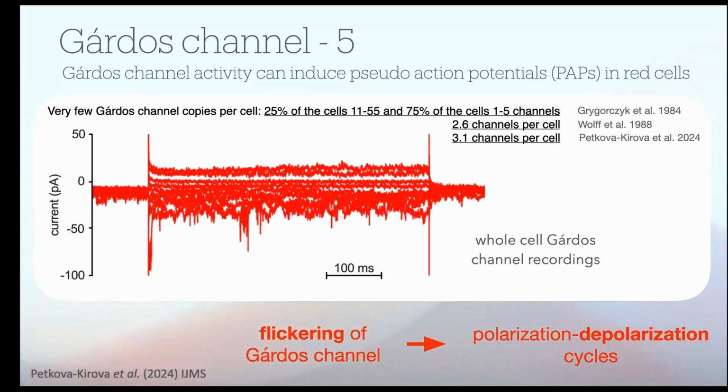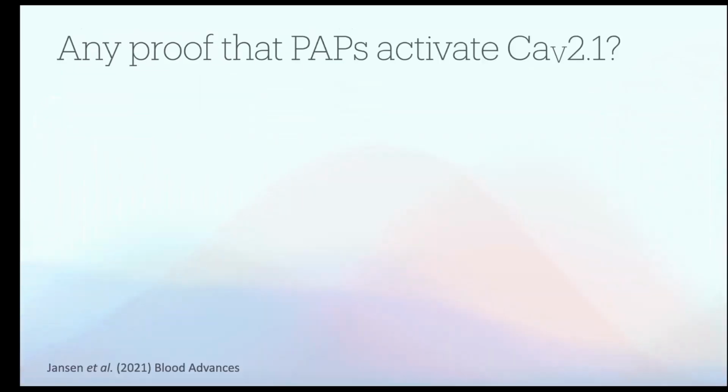So now the question that comes up is, do I have any proof that these pseudo action potentials indeed activate this CAF channel? Because there are many small details that could argue against the big idea.